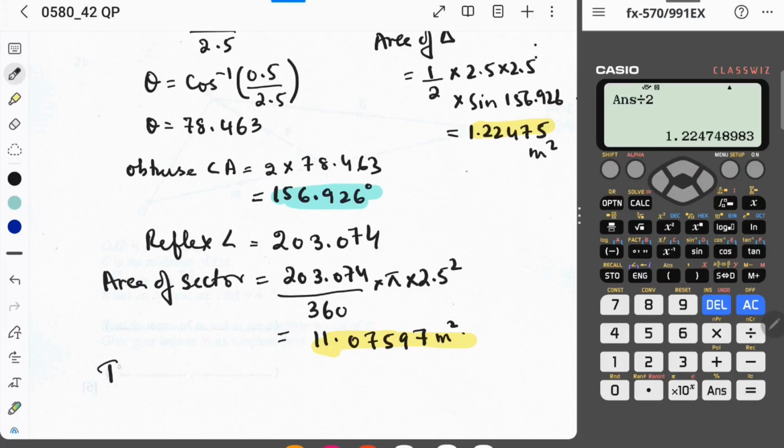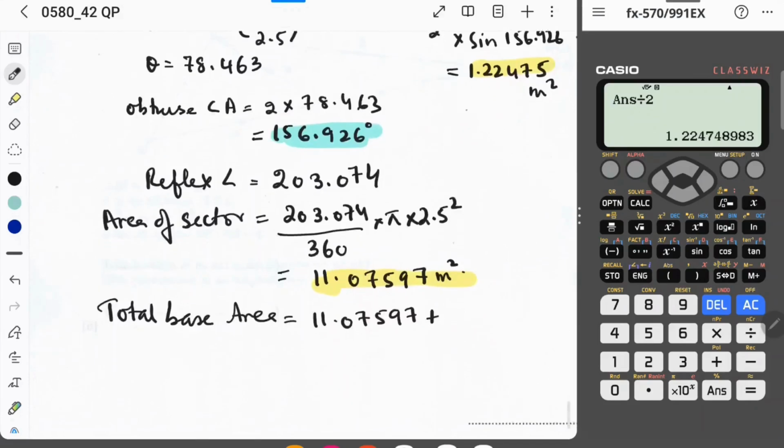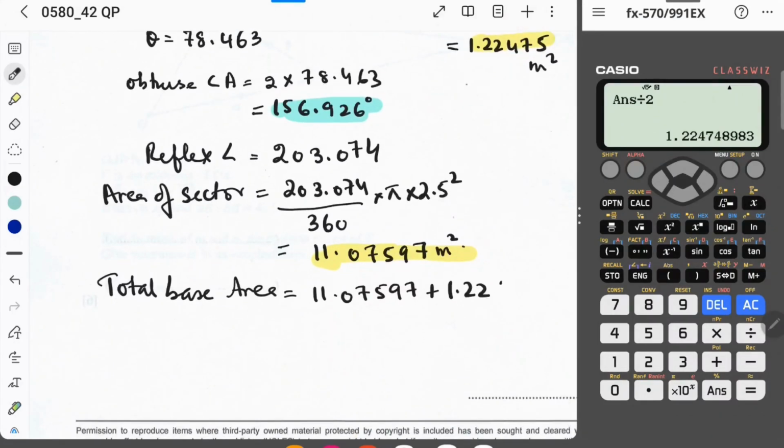So the total base area, the area of the cross section, is equal to 11.07597 plus 1.22475 added together, which is equal to 12.30072 meters square. This is the base area.